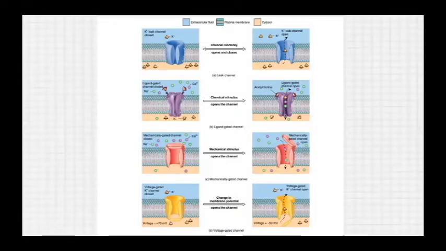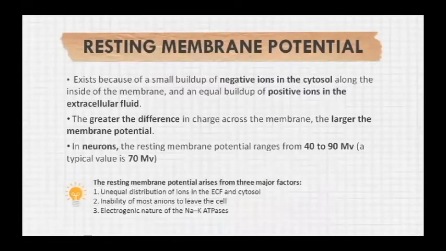So now we will proceed to the second factor that affects the production of graded and action potentials. So this is the resting membrane potential. It exists because of a small buildup of negative ions in the cytosol along the inside of the membrane and an equal buildup of positive ions in the extracellular fluid.